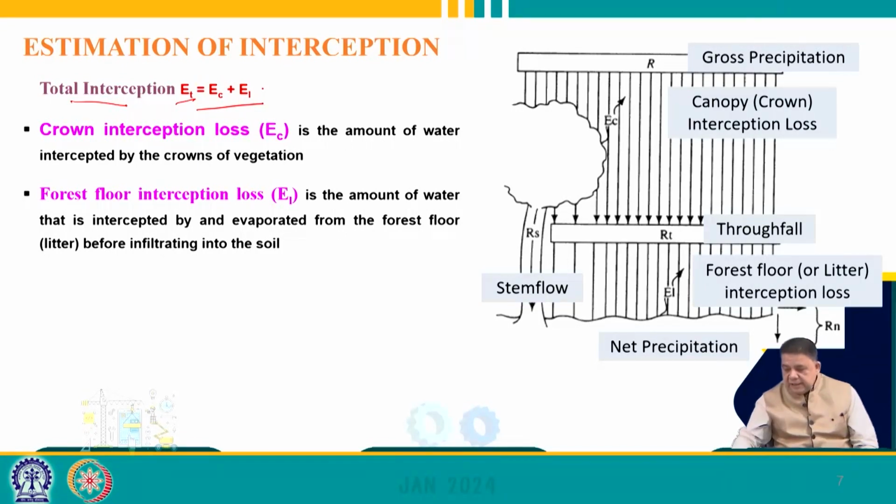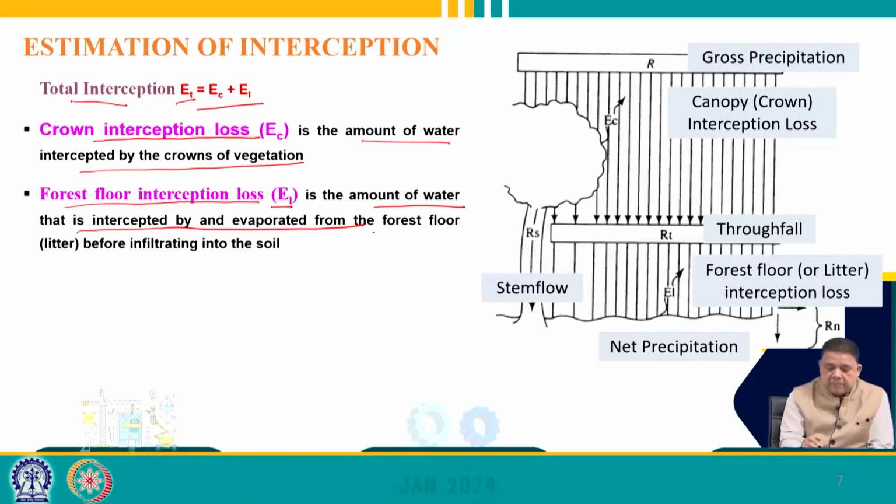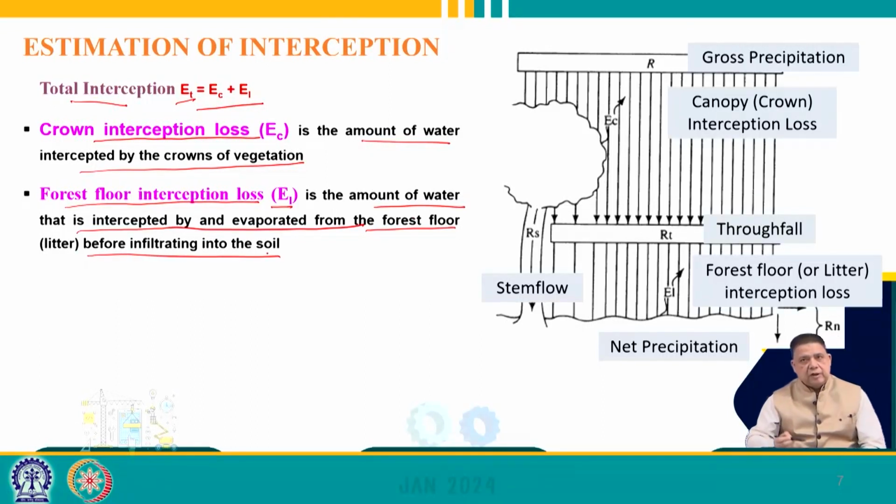EC is crown interception loss, the amount of water intercepted by the crowns of the vegetation, and the second one is the forest floor interception loss, EL, which is the amount of water intercepted by and evaporated from the forest floor before infiltrating into the soil.